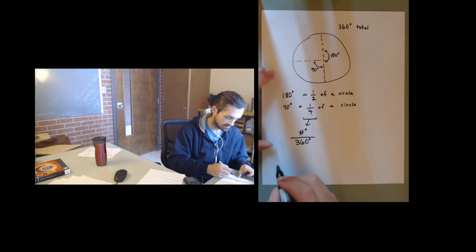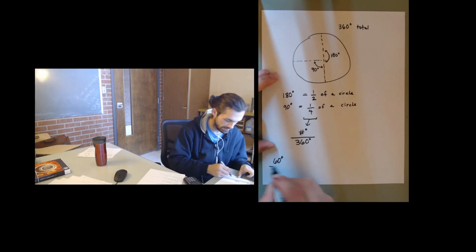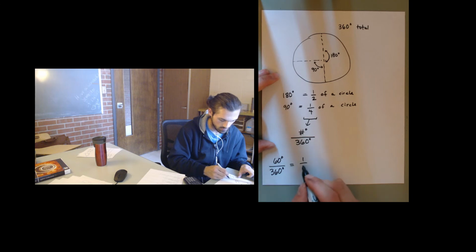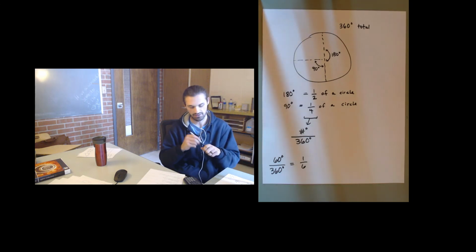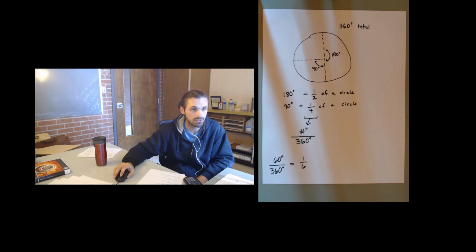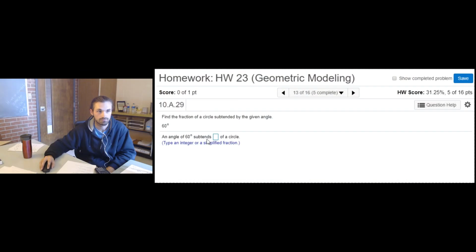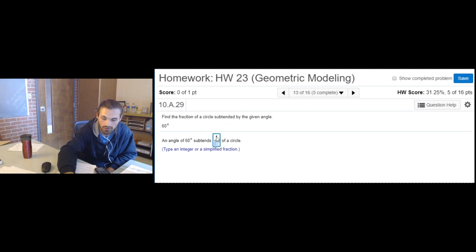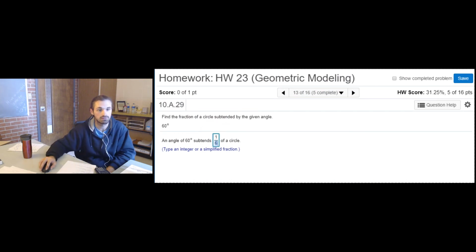So in our case, we're going to take 60 degrees and divide it by 360 degrees to see that that is 1/6 of the circle. Type an integer or a simplified fraction. So this would be 1/6 of a circle. Let's go ahead and check the answer. Bada bing, we got it.